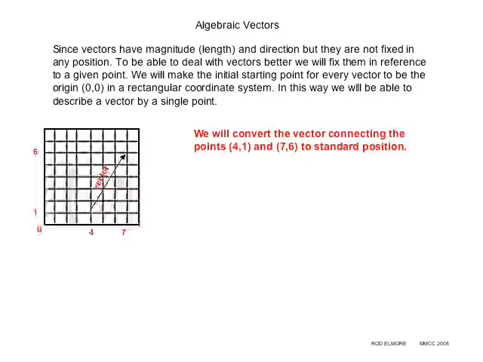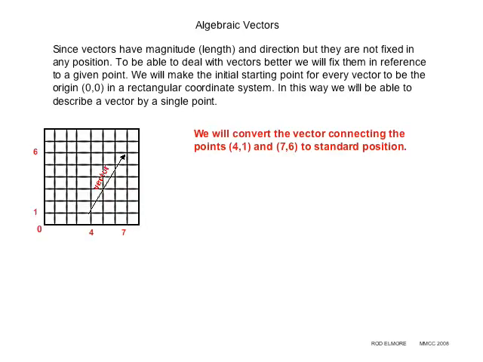We will convert the vector connecting the points 4, 1, and 7, 6 to a standard position. So we want to move that vector that's in the drawing over so that it starts at 0, 0. You can kind of think about how you would do that.